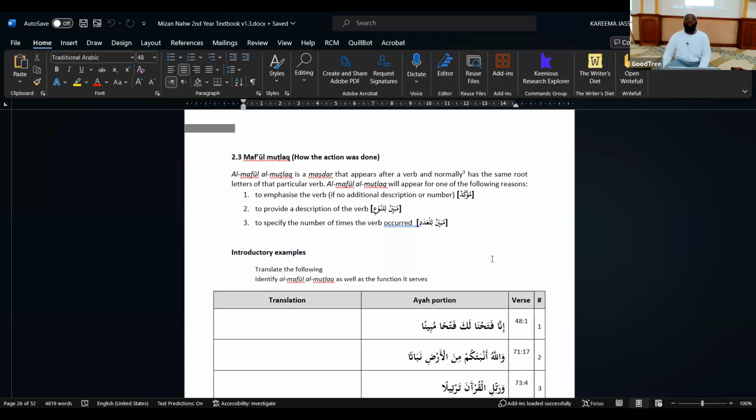One of the other ways of a maf'ul mutlaq appearing is that after the verb you have a masdar which has the same meaning as the verb. You understand that? So the one is jalastu, I sat, jalsatan, a sitting. Another one is jalastu, I sat, qu'udan, a sitting. Make sense?